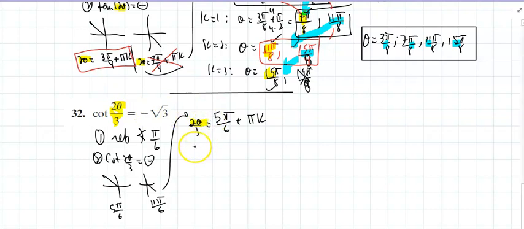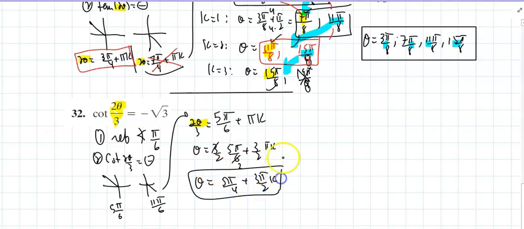If I multiply by 3 halves to solve for theta, I'll get theta to be 5 pi over 4 plus 3 pi over 2 k. And here I let k equal 0. I'll get theta to be 5 pi over 4.